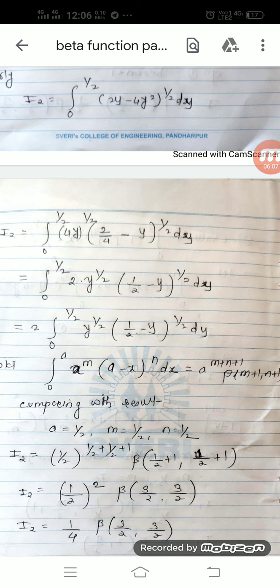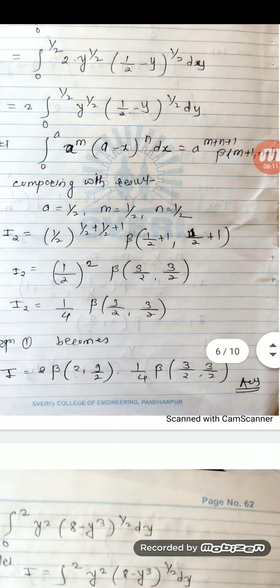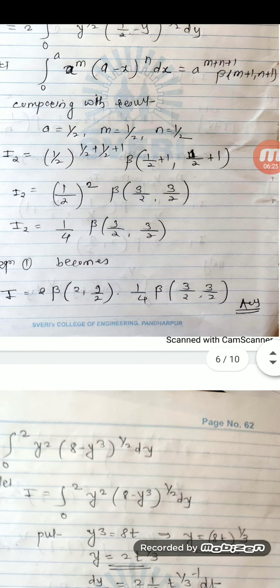After simplification and using the result, we will get these values. As the upper limit A is half, m is equal to the power of x, that is y, half, and the bracket power is also half. Put all these values so that I2 is equal to 1 by 4 beta of 3 by 2 comma 3 by 2. Clearly, we have found the values of I1 and I2.